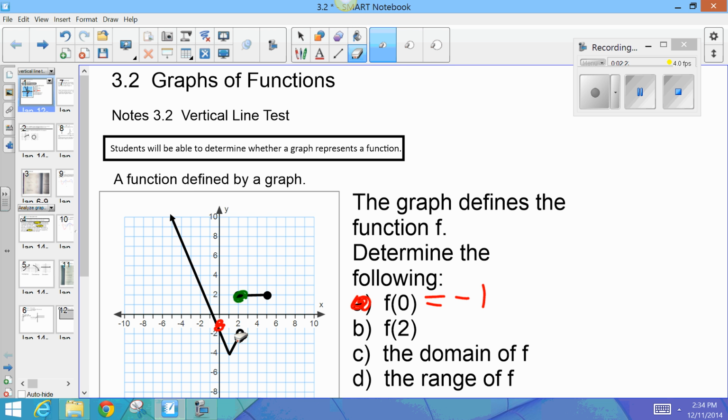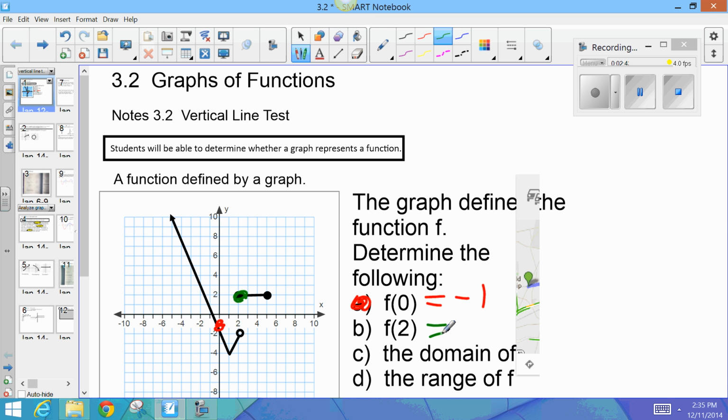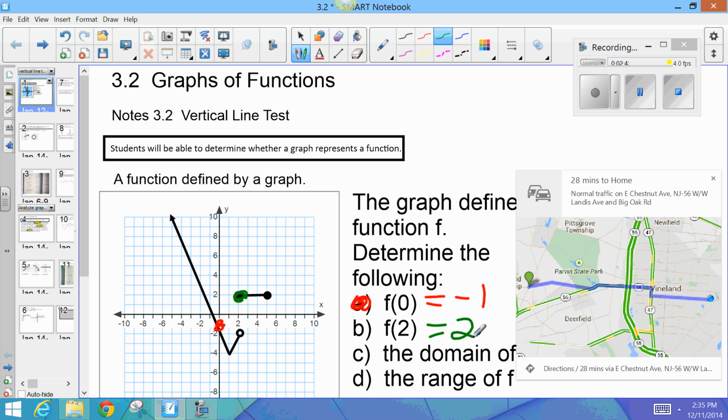Whereas the one at (2, 2), the one that I've still left green, was a black dot, which indicated that point is included in the graph. So when the input was x equals 2, the output is 2.